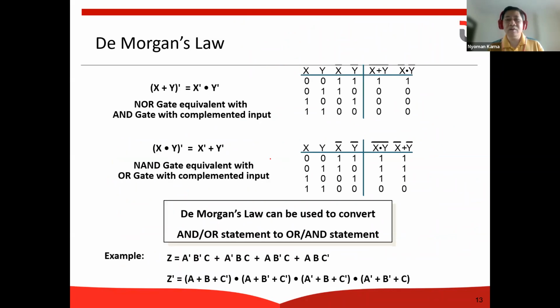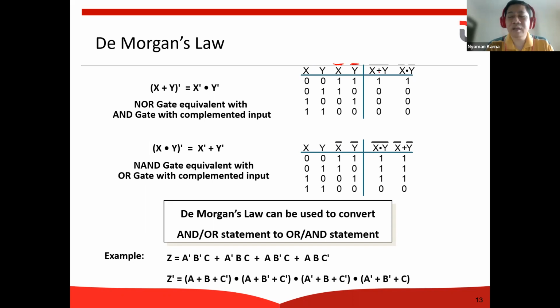Now, De Morgan's law, unfortunately, we cannot prove it algebraically, but we can prove it by using a truth table. For example, like this. This is x, y. This is x naught and y naught.